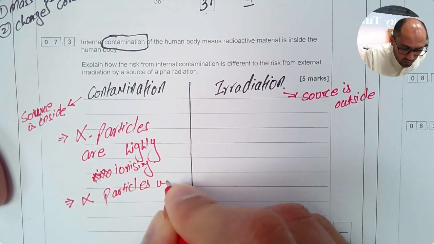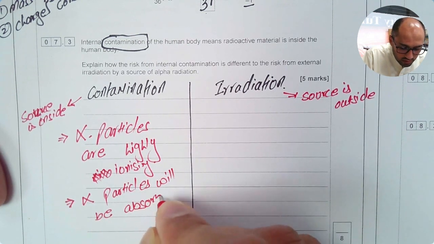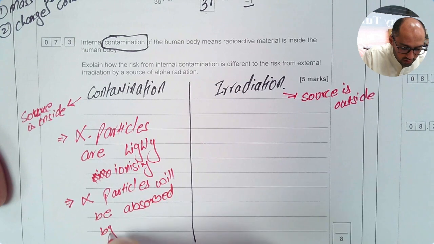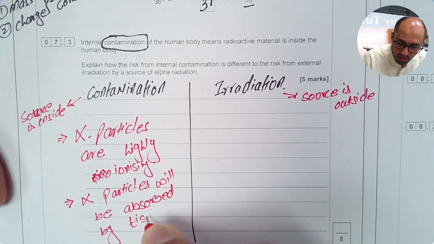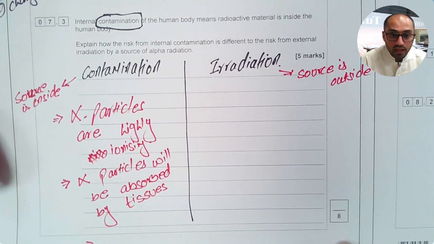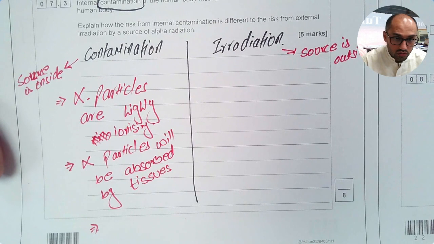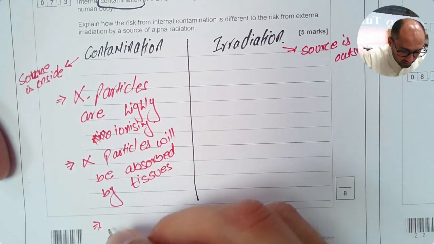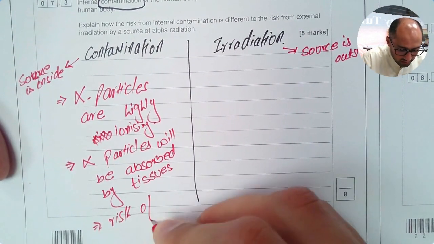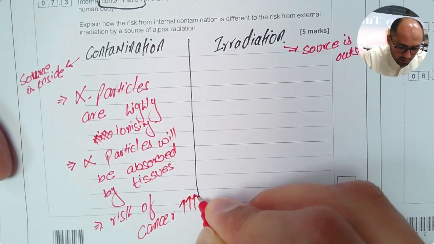And if they get absorbed by the tissues and they're highly ionizing, this means energy will be delivered to the tissue. So we can then say risk of cancer will be very, very high.